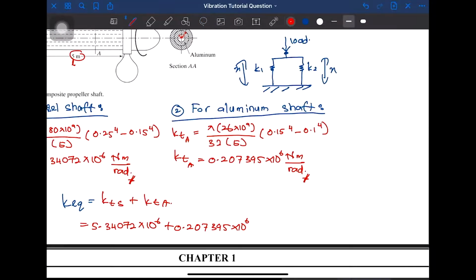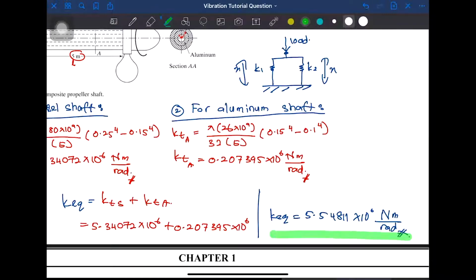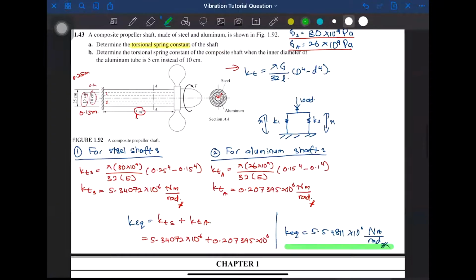In the end, your equivalent K is 5.54811 times 10 to the power of 6 Newton meter per radian. This is the answer for the first question, for A. We've already settled A here.